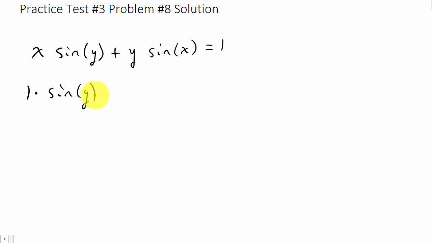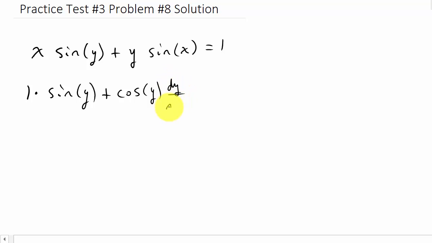That's the derivative of first times second plus the derivative of the second. Well, what's the derivative of sine? Derivative of sine is cosine. But remember, since this is in terms of y, it's cosine y times, remember, dy/dx.